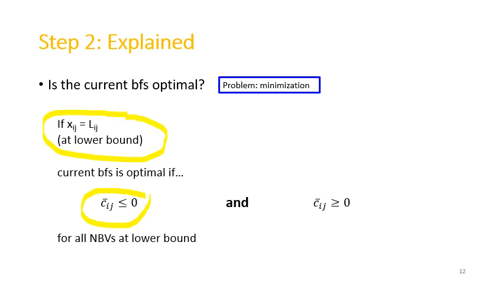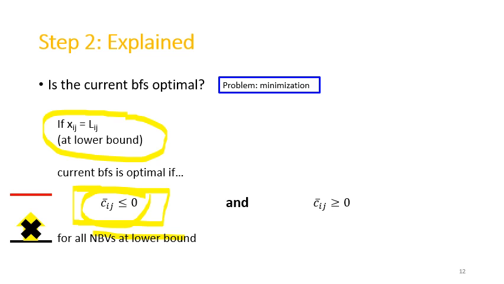Think about it for a few seconds. What does this actually mean? It means that for all non-basic variables which are currently at lower bound, whenever we try to increase their value, we will make the objective function value worse. So we cannot increase any of the non-basic variables when we already have this condition.